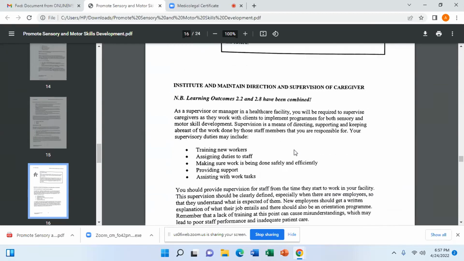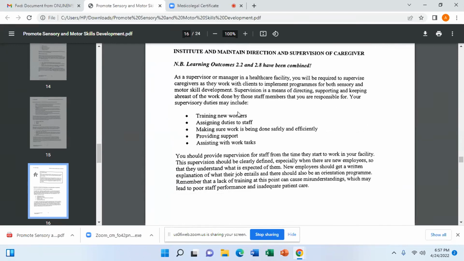And it says here, institute and maintain direction and supervision for caregivers. As a supervisor or manager in a healthcare facility, and hopefully the majority of you will become a supervisor or manager, you will be required to supervise caregivers as they work with clients to implement programs for both sensory and motor development skills.